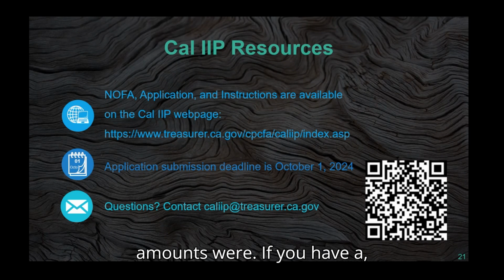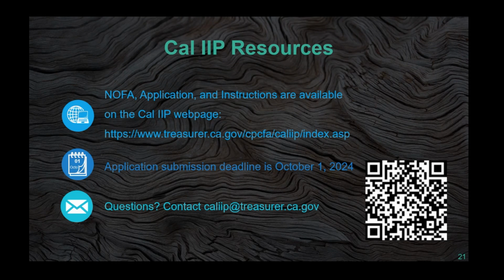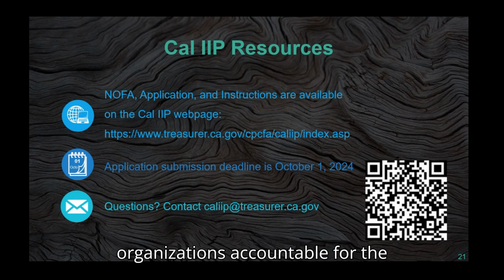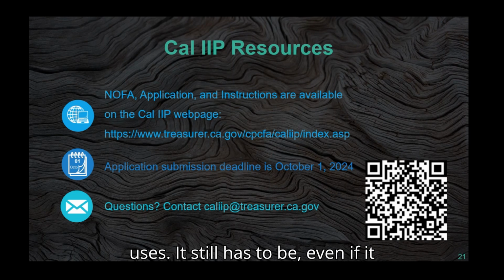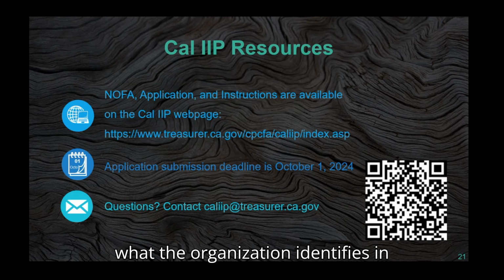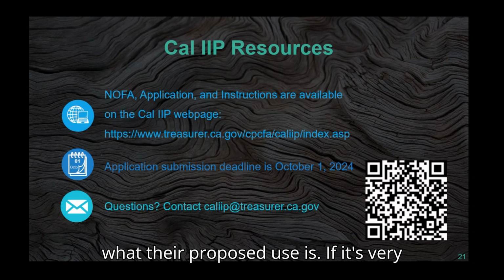We're not holding you to the exact amounts, but we are holding organizations accountable for the goals that they have for the eligible uses. Even if it changes, it still has to meet the mission of what the organization identifies in question 3 of the application as their proposed use.